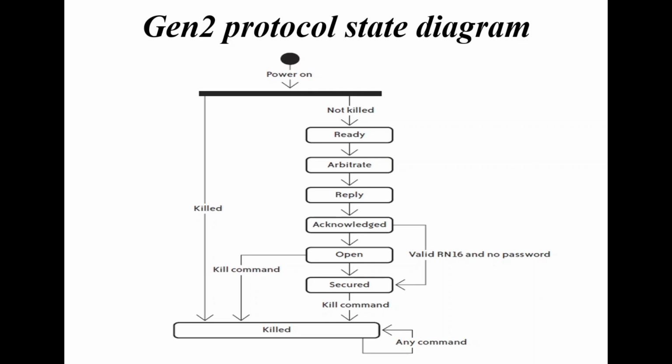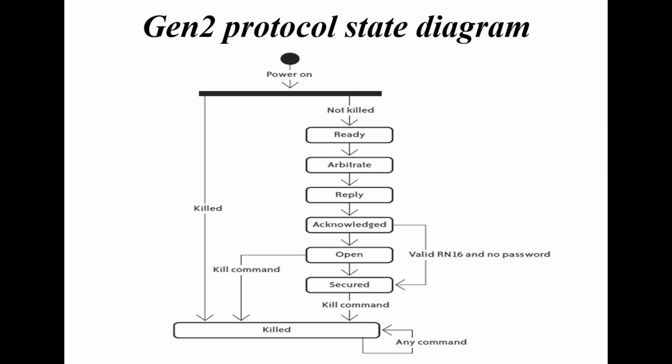Then in the acknowledged state, the reader sends an ACK command with the RN16. So the tag recognizes the RN16 and sends back its full EPC identifier. The tag then moves to the open state. The tag is now open and it can be accessed.